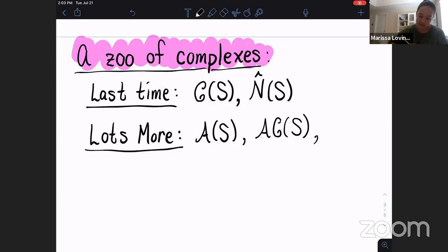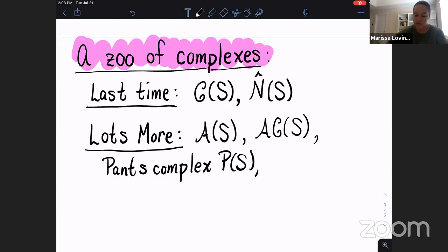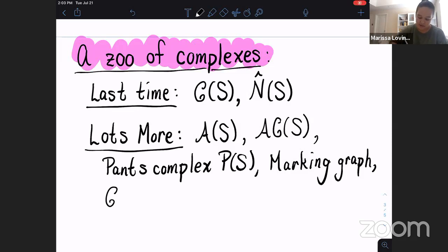Let's see what else. We have the pants complex, denoted P of S. We have the marking graph. And we have one that I just want to mention quickly because it's something that I've worked with in the past. I call it the K curve graph.